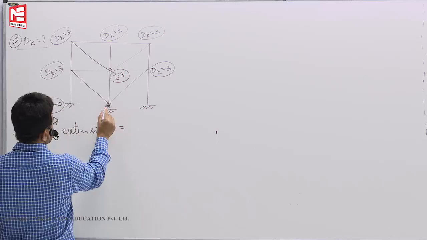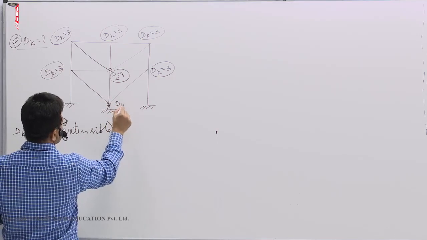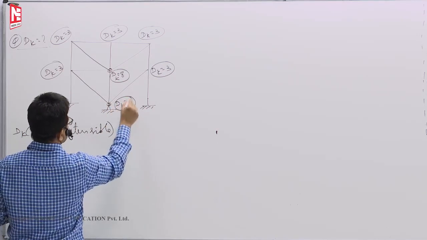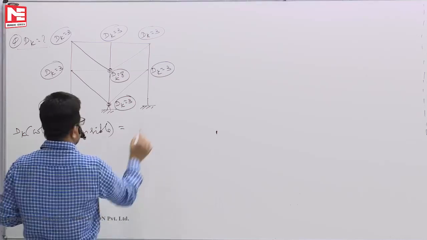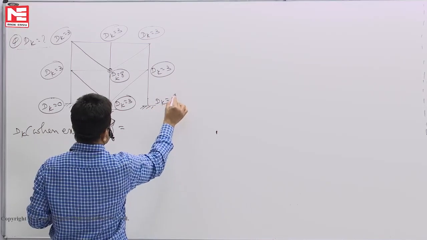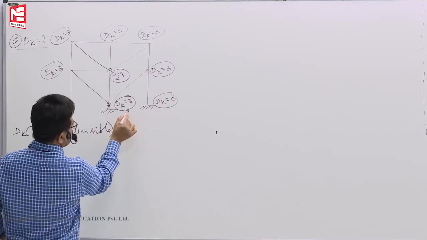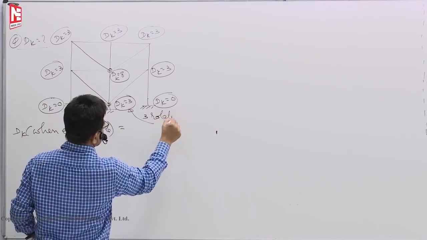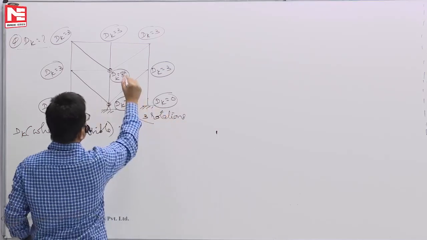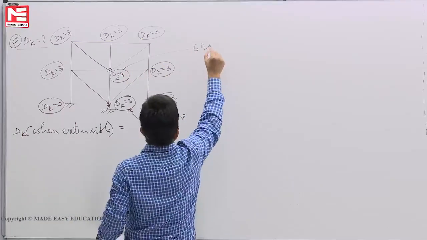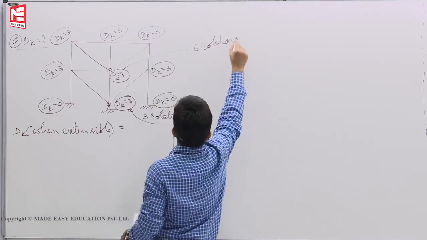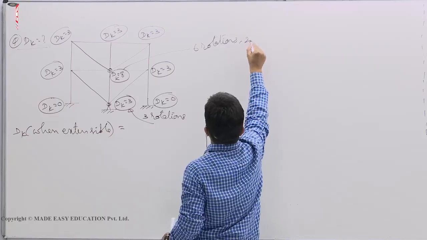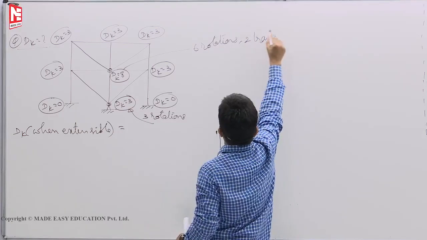Here dk is only 3 rotations. And here dk is 0. Here 3 means 3 rotations. Here 6 rotations, 2 translations.